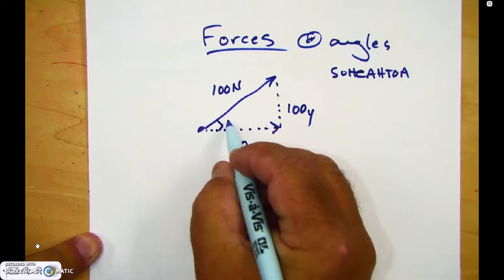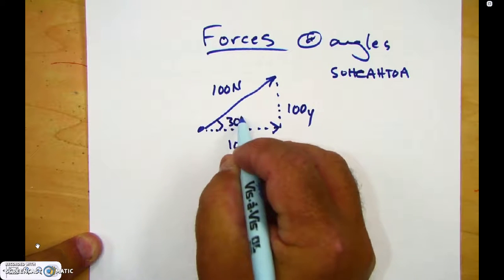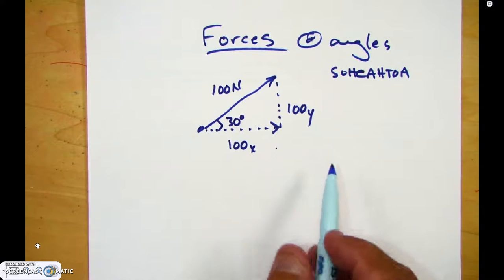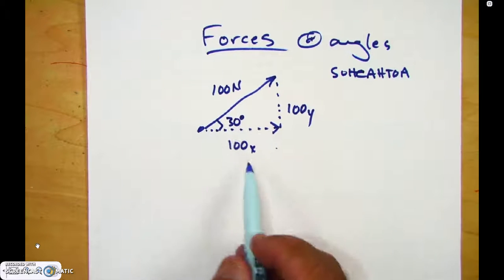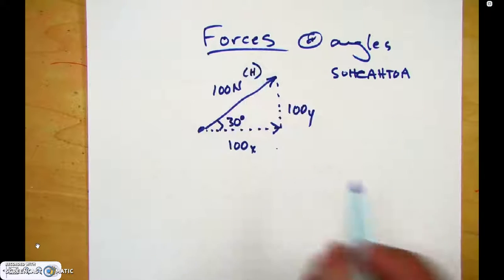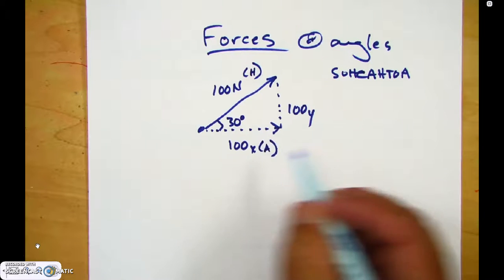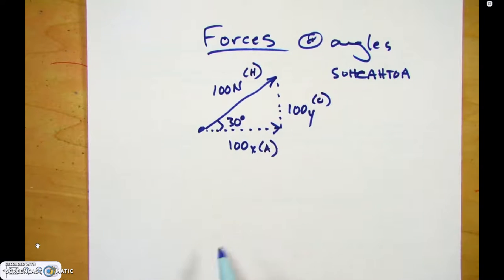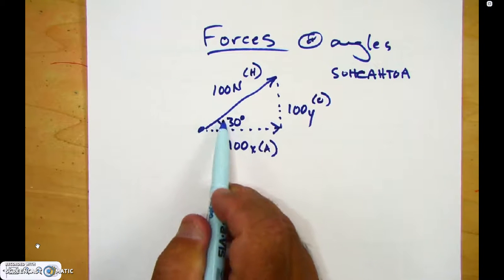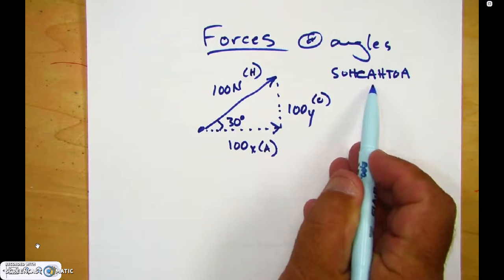So generally you're going to be given this angle. Well, let's say this angle is 30 degrees. And then what you're going to simply say is, if I'm looking for this side, go ahead and label our sides of our triangle: hypotenuse, adjacent, and opposite. So therefore I'm looking for adjacent. I know the hypotenuse, I know the angle, so that's going to lead me to cosine.